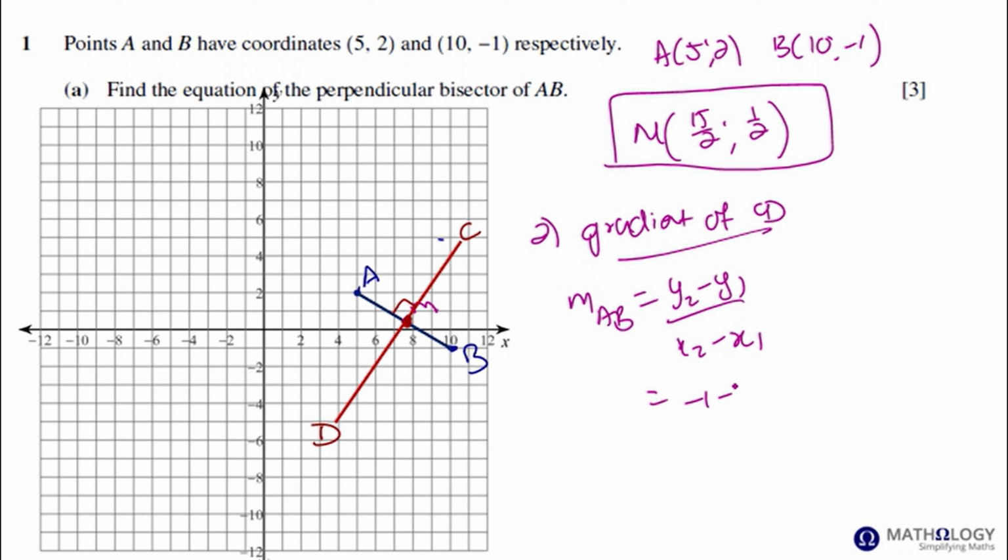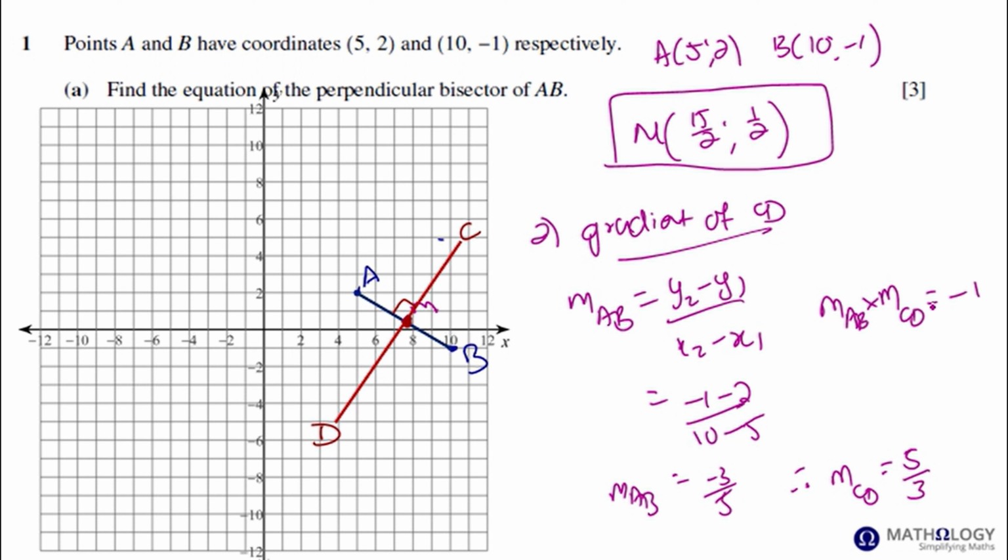So that's (-1 minus 2) over (10 minus 5), which is -3 over 5. Therefore, the gradient of CD is the negative reciprocal of -3 over 5, which is 5 over 3. The gradient of AB times the gradient of CD is -1, because AB and CD are perpendicular to each other.